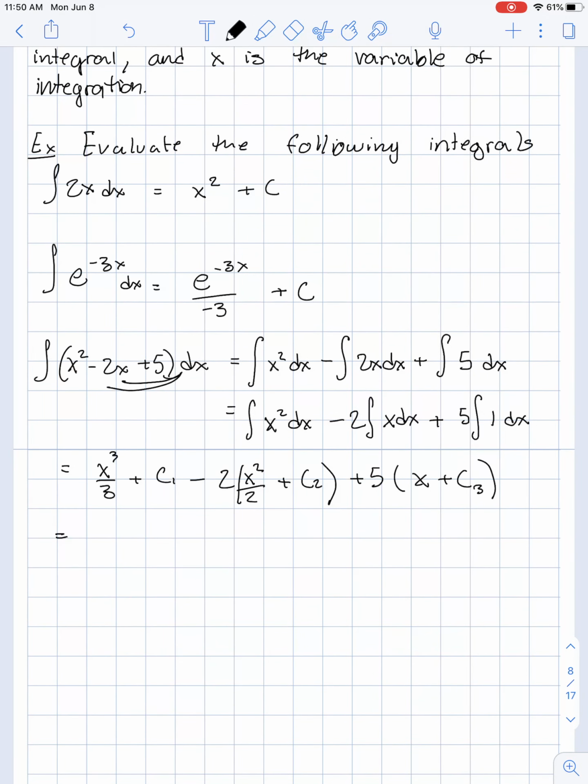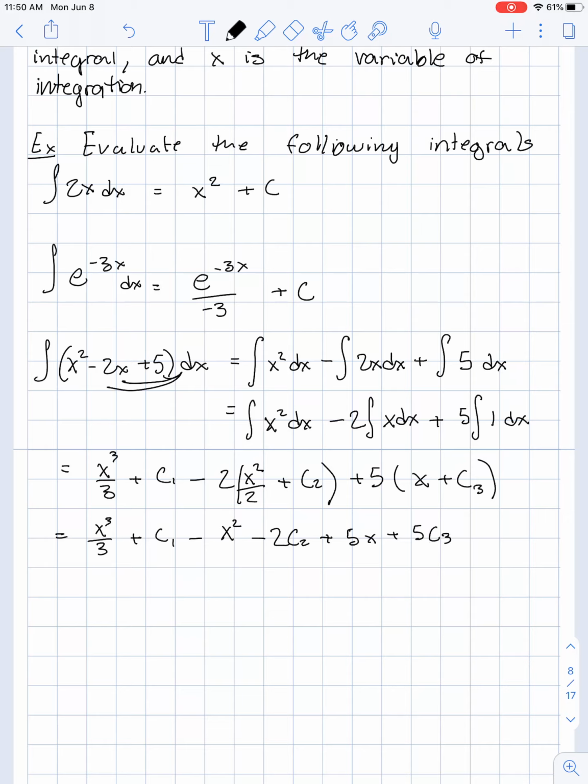Well, then that'll come out to be x cubed divided by 3 plus c1 plus, those 2's are going to cancel out, so just x squared plus 2c2 plus 5x plus 5c3.